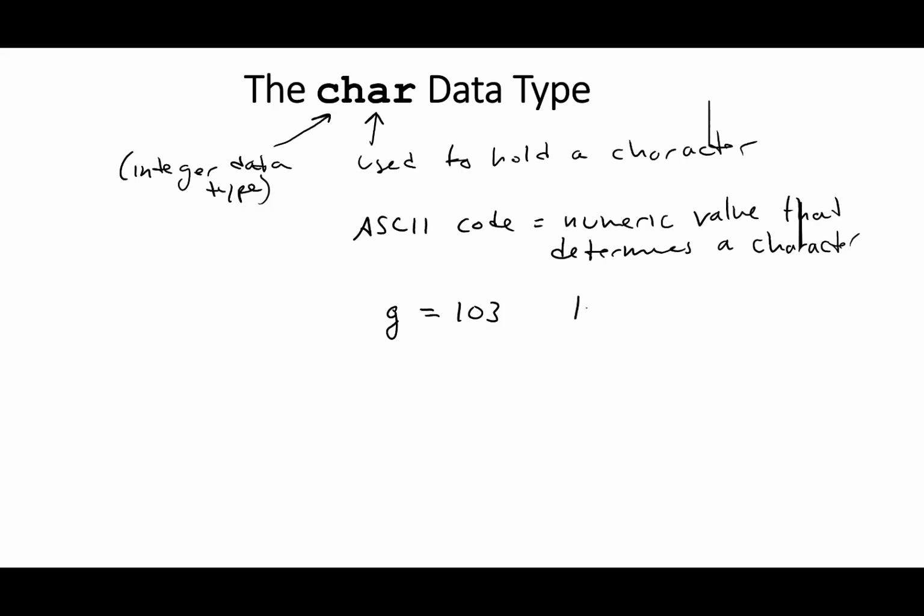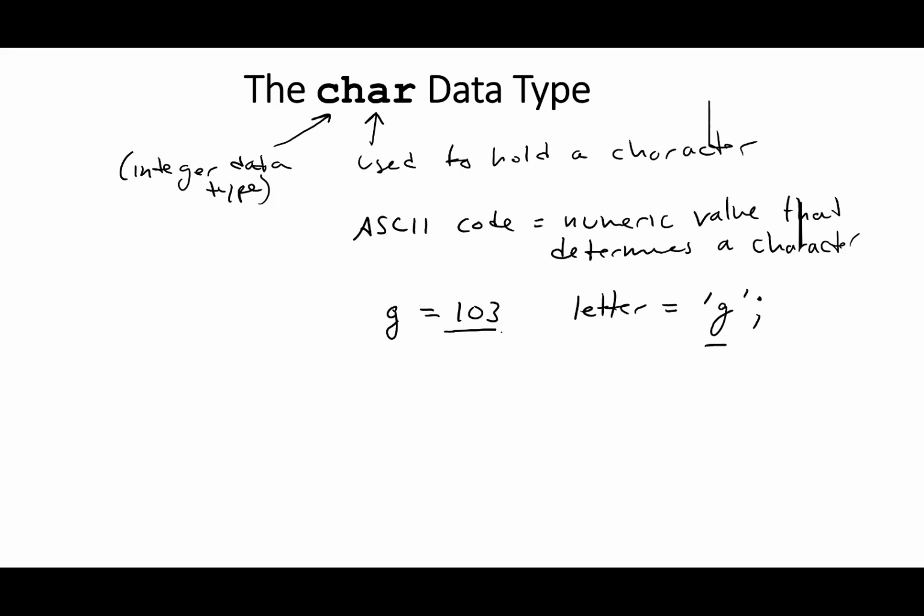So if we say, for instance, letter is equal to G, when we're storing a character, we need to use these single quotes around it, and we're going to get to that in a second. When we store this G as a character, what we're actually storing is this 103.